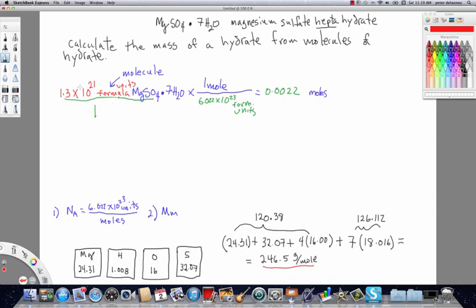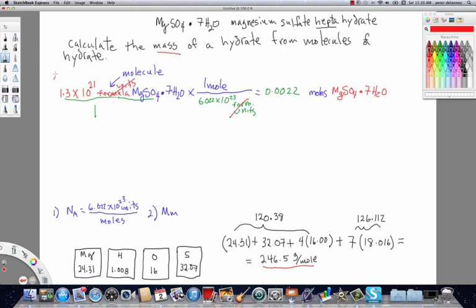So that's the same thing as saying that we're going to take 1.3 times 10 to the 21 and we're going to divide it by 6.022 times 10 to the 23rd. The formula units cancel out, and we have solved for moles of the MgSO4 dot 7H2O.